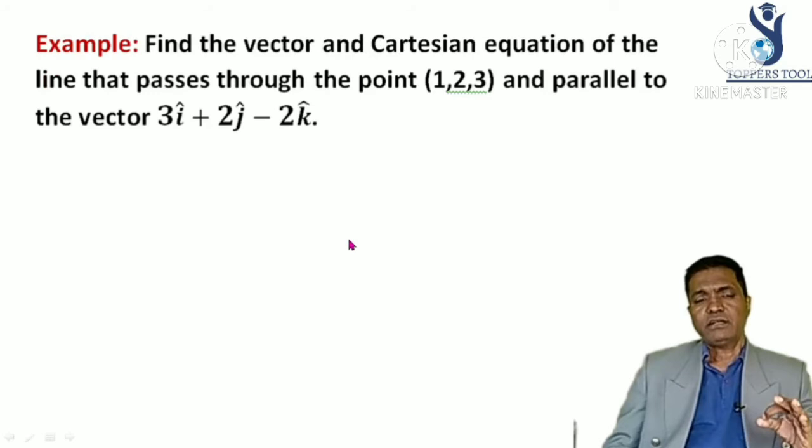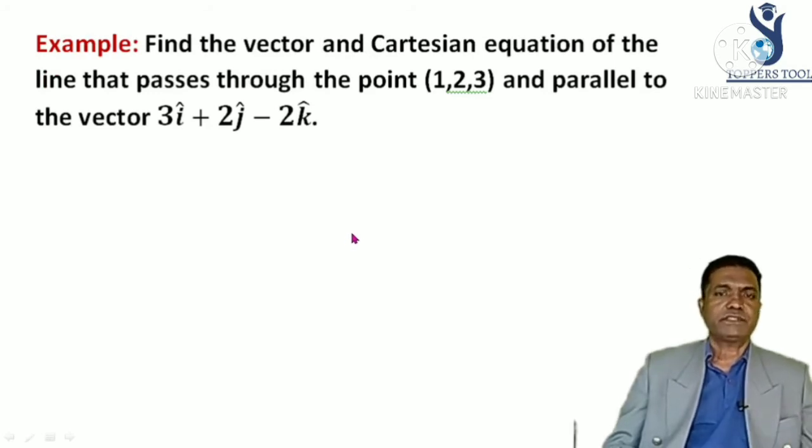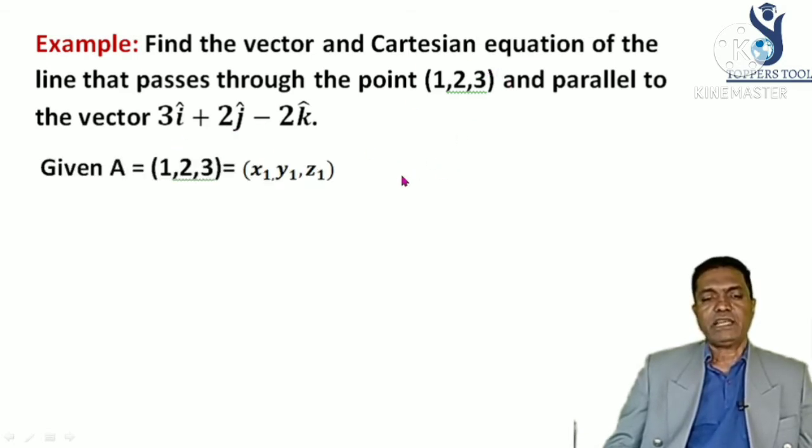Now we have an example on what you studied. Find the vector and Cartesian equation of the line that passes through the point (1, 2, 3) and is parallel to the vector 3i cap, 2j cap minus 2k cap. So you are given one point and the direction of the required line.